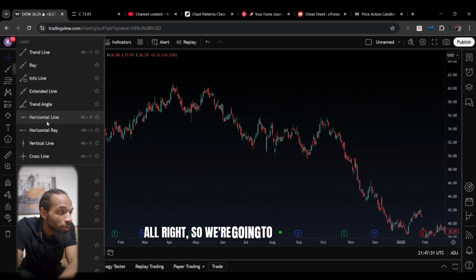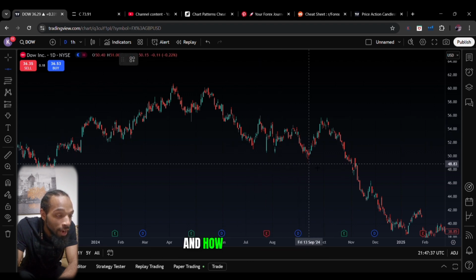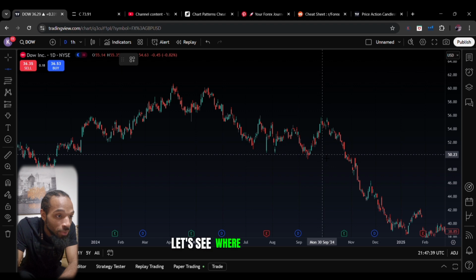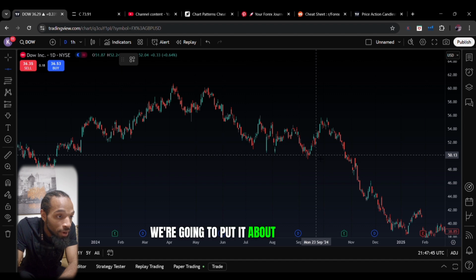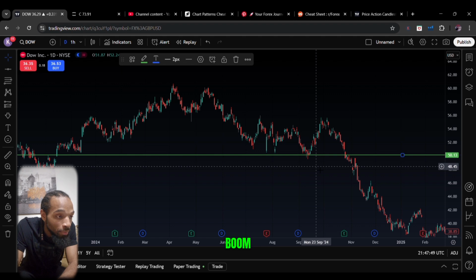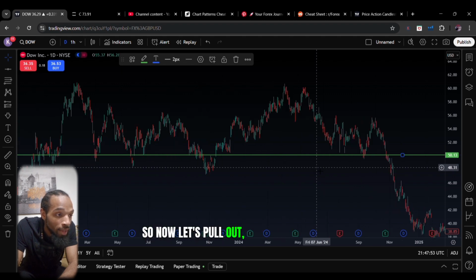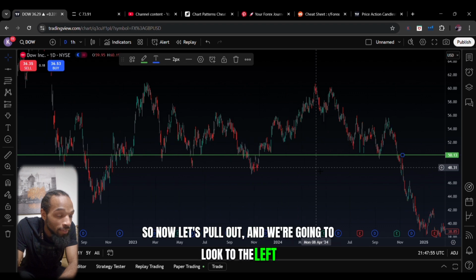All right, so we're going to get our horizontal line. And how you gauge it is, let's see where this dropped, and with our crosshair, we're going to put it about right here where this dropped. Boom. That's our level. So now let's pull out and look to the left.